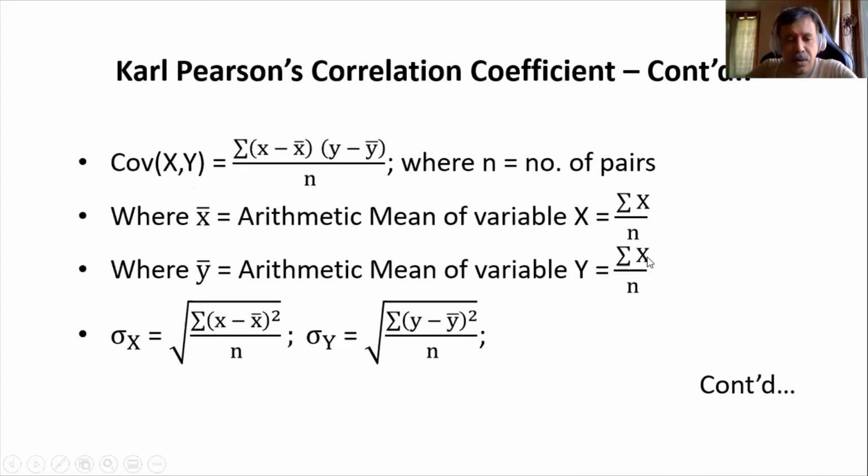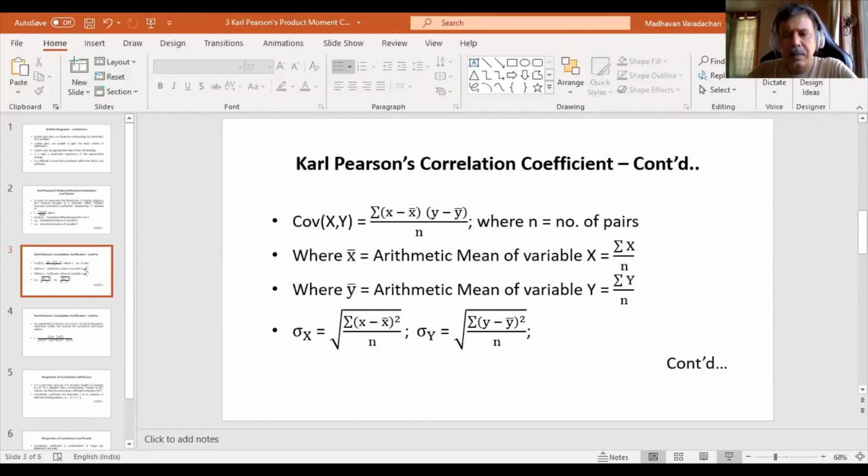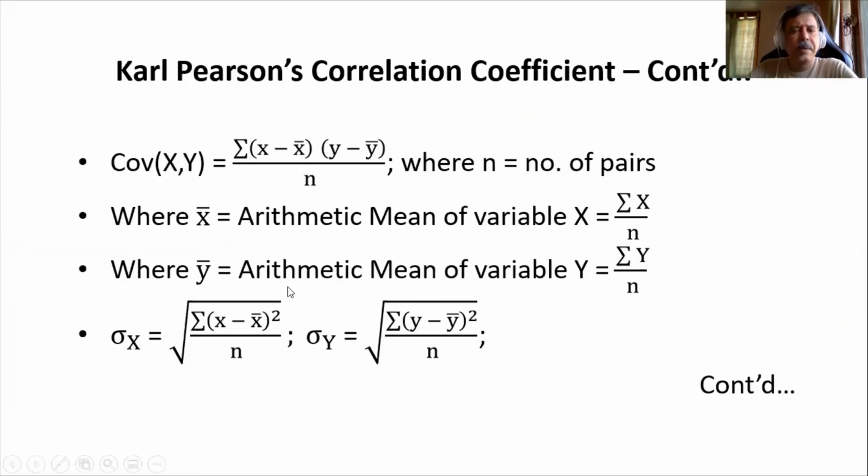Sorry, here I should have mentioned it as y. And standard deviation is nothing but summation of x minus x bar the whole square by n, the whole thing under square root. Similarly is the standard deviation of y.